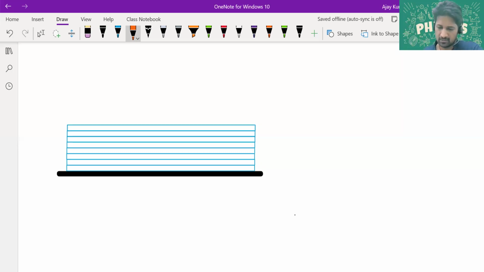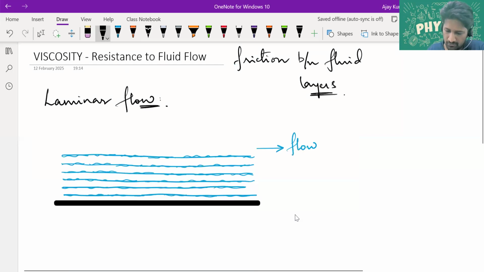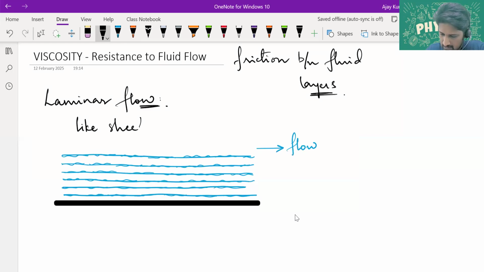That is what is laminar flow. So basically, fluid flow like sheets or layers is what you call as laminar flow. If that behavior is not there, then we call it as turbulent flow. So these are the two opposite types of flow you can say, laminar flow and turbulent flow.